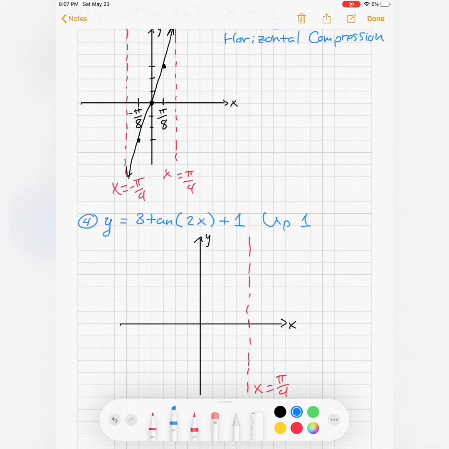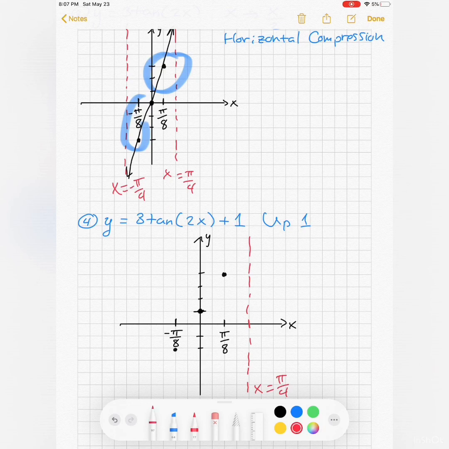Okay, so now my point at pi eighths, 3 is going to go up 1. So now it's going to be at pi eighths, 4. 0, 0 is going to be at 0, 1. Negative pi eighths, negative 3 is going to be at negative pi eighths, negative 2.